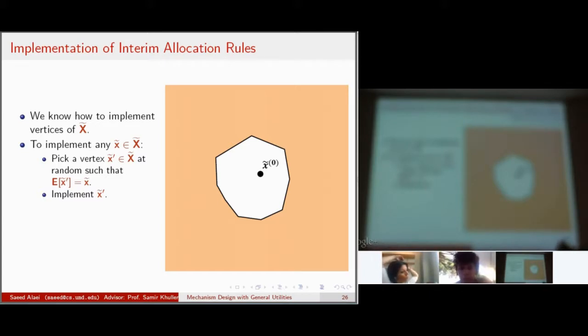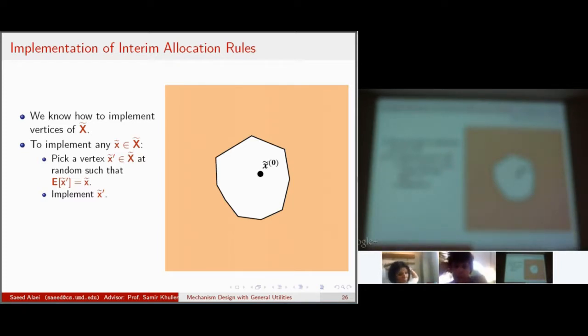So now we want to answer the implementation question. We already know how to implement vertices of this polytope, but if we have a point inside, we want to see how we can implement it. So the idea is the following. We can randomly select a vertex of this polytope such that in expectation we get this point, and then implement one of the vertices. Here is how we do this.